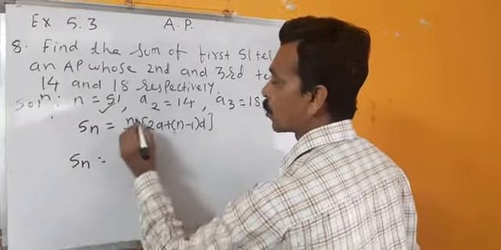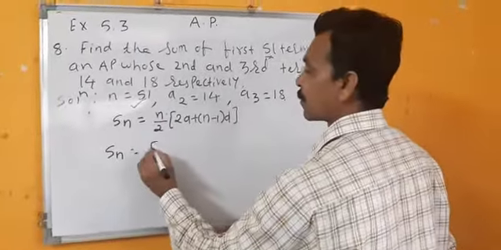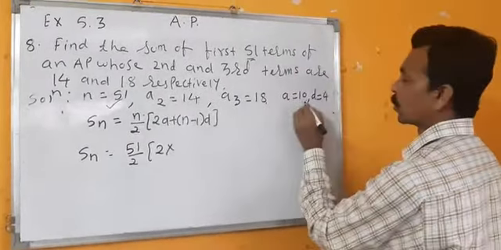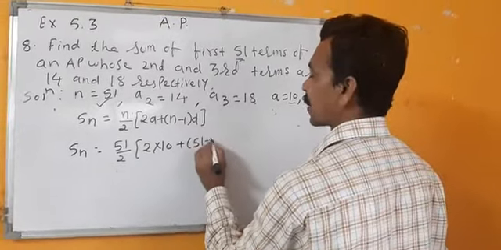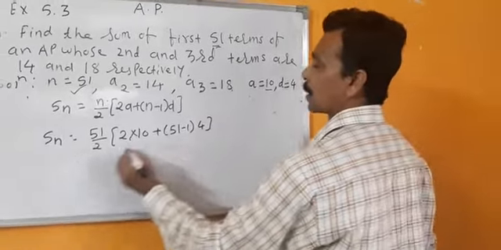Sn is equal to, what is n? N is given 51. 51 upon 2 into 2a, means 2 into value of A is 10, plus 51 minus 1 into value of D is how much? 4.